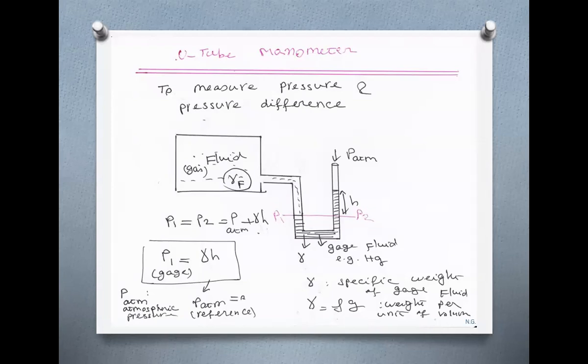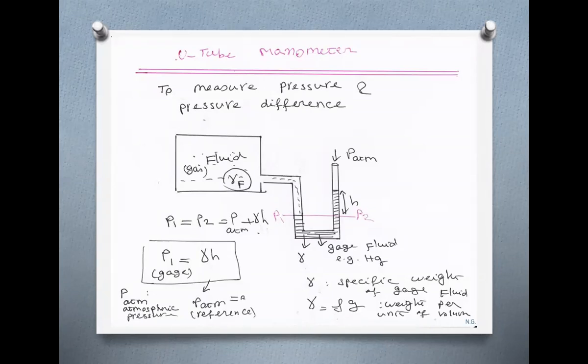For example, in fluid mechanics, you will see the application. Sometimes you want to measure the pressure difference between two points of a pipe. We are talking about fluid mechanics, fluid dynamics, when we talk about fluid in a pipe, because fluid has motion, it's dynamic.